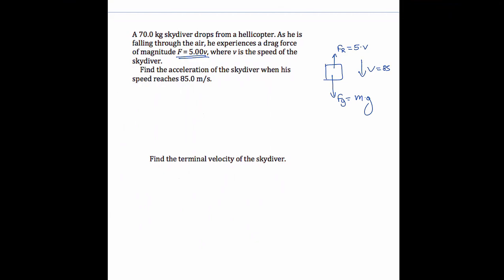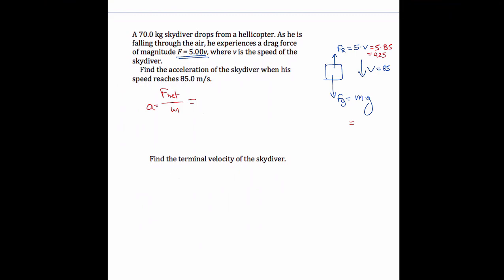Now, when we know the value of the velocity, it is like we know the value of the force of resistance. So this is 5 times 85, so this will be 425, if I'm not mistaken. So now we can say that the F net is equal to ma, or the acceleration is equal to F net over the mass. The F net is force of gravity minus the air resistance.